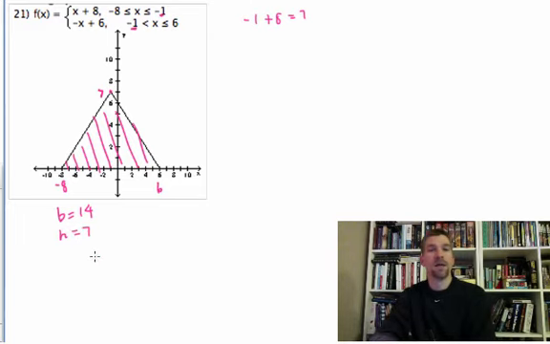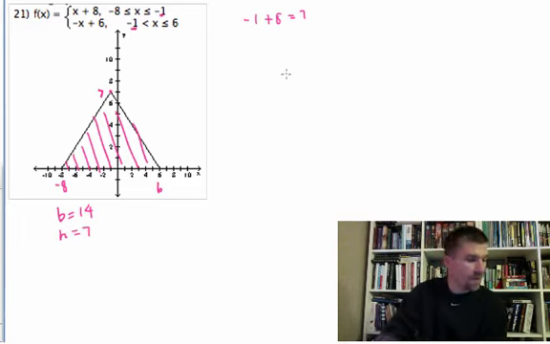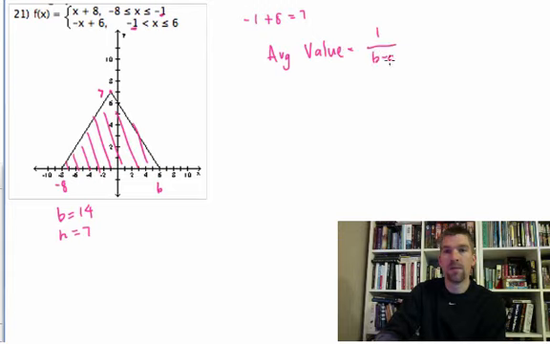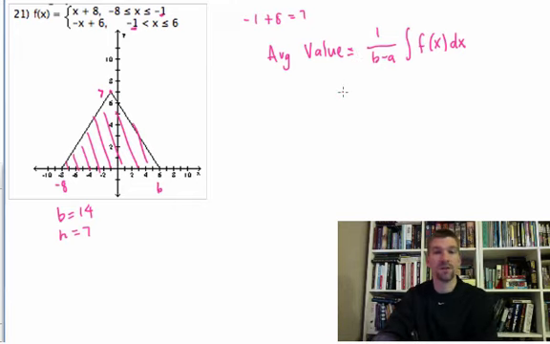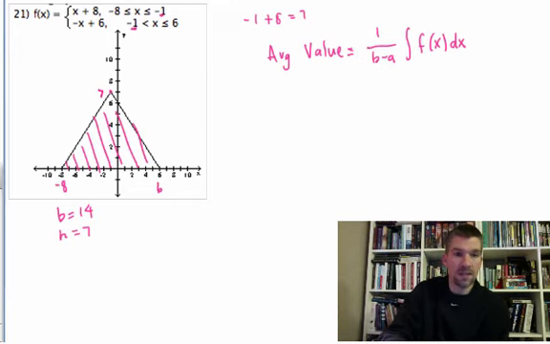All right. Now, average value. I'll write it down. Average value is 1 divided by the difference of your upper and lower limits of integration, times the integral of f(x) dx. That's all there is to it. Well, this part right here is the area under the curve.